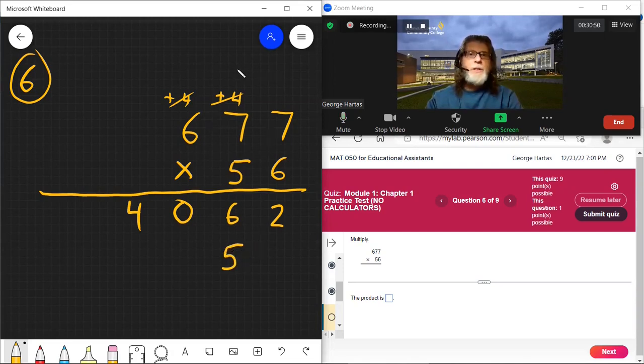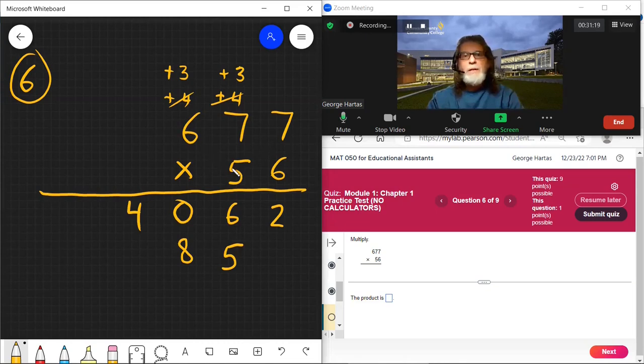Right-hand digit, left-hand digit right there. Okay, so 5 times 7 is 35, right-hand digit, left-hand digit. 5 times 7 is 35, we just said, plus 3 is 38. Right-hand digit, left-hand digit, over the next column.